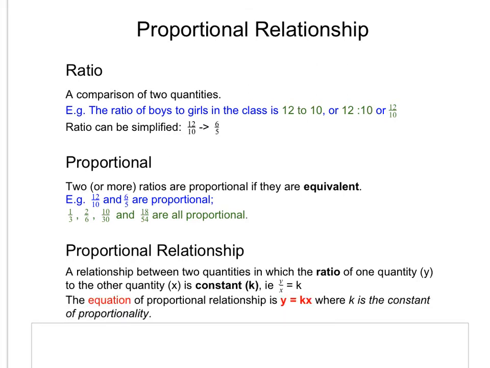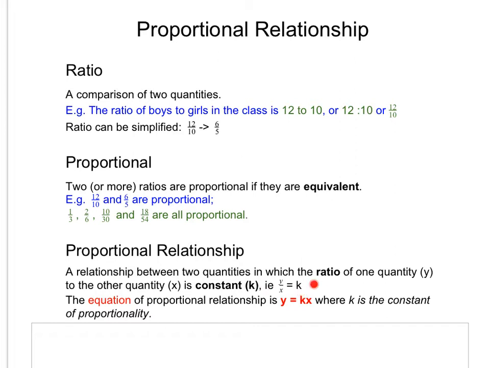And we can use an equation to describe that relationship. And that equation is y equals kx. Y, we just keep it by itself on one side, and then kx. This equation is equivalent to the equation up here, because I can obtain this equation just by multiplying the equation by x on both sides.